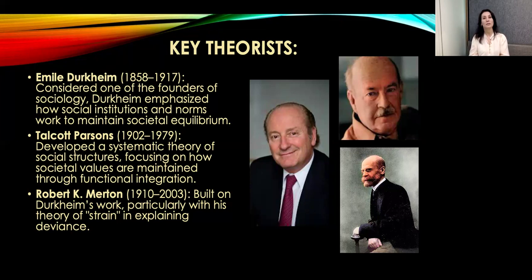Their role is being father or mother. At the same time, your father can be a doctor, and his role in the healthcare system is being a doctor. He can also be part of a certain political party, and he has a role in the political party. You can also be a student at the university, or a friend to your dog, or a friend to your friend. So your roles change from one institution to another institution.